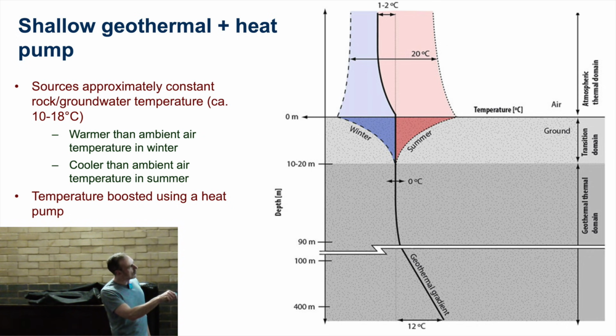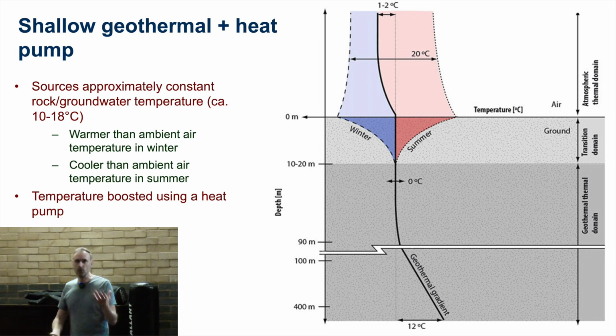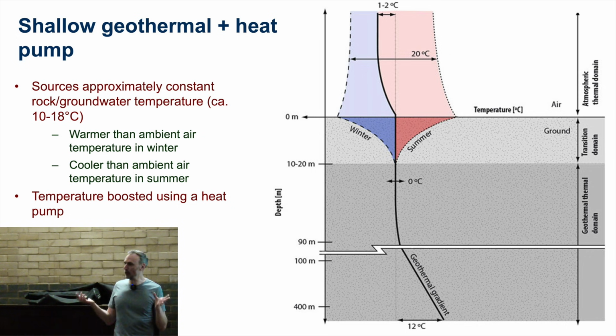But once you get below about 10 to 20 meters, that heat exchange doesn't penetrate so deep. And so the water and the rocks here are typically always around 13 or 14 or 15 degrees or so. Whenever we work with a borehole in London, for example, in the chalk, it's always about 13 degrees.